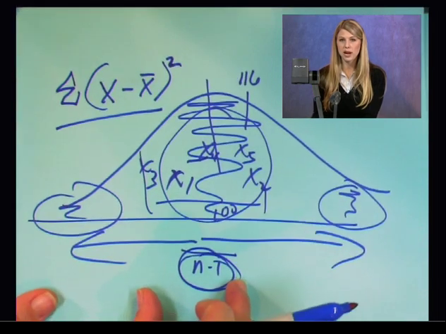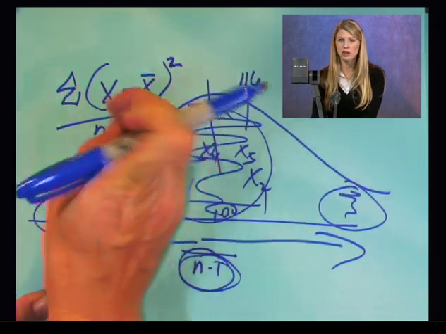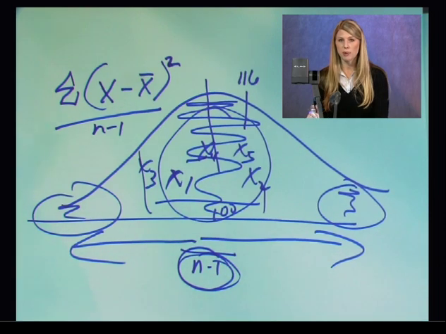It's what we call an unbiased estimate because we divide by n minus 1 to make this average just a little bit bigger than it would have been if you had calculated it using the population formula. So hopefully that makes sense why we're using n minus 1. You'll also come to know this n minus 1 as degrees of freedom. We'll talk about that as we get further along. Don't worry about that yet.